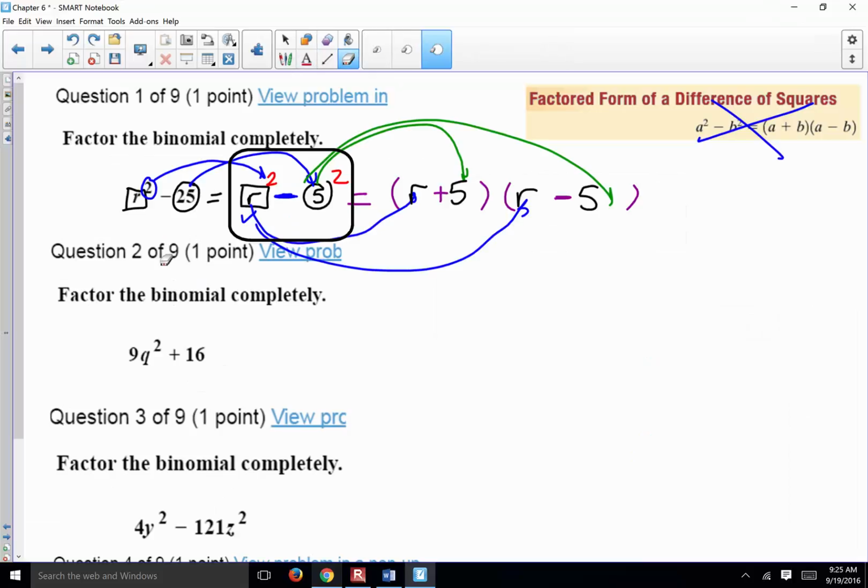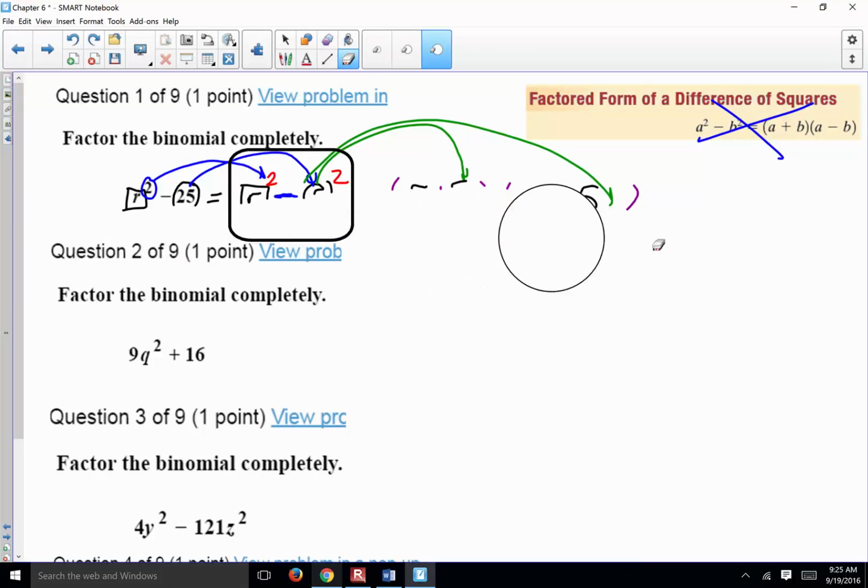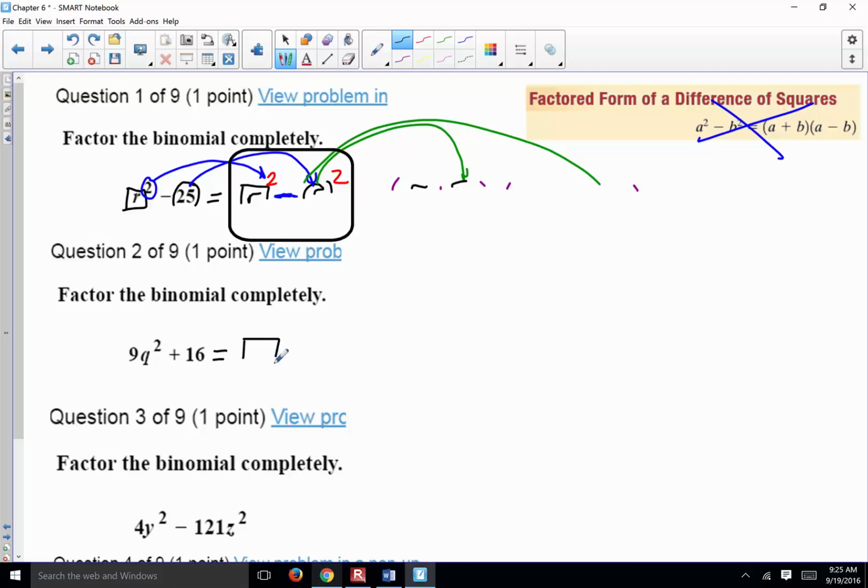Okay, let's go do the second one. Let's clean this up a little bit. Oh, this is good. I set up my box and a circle, and I will put whatever I see around them into whatever I see inside these two objects, into these parentheses. Here is what I see.